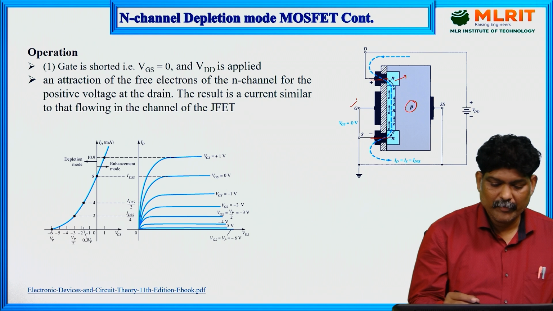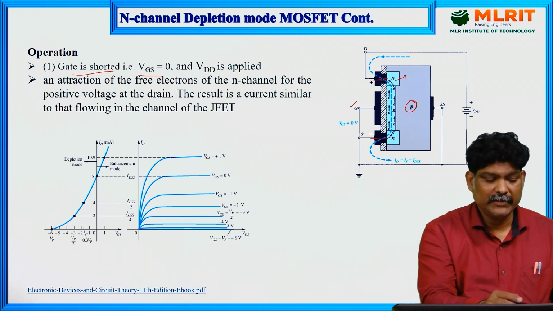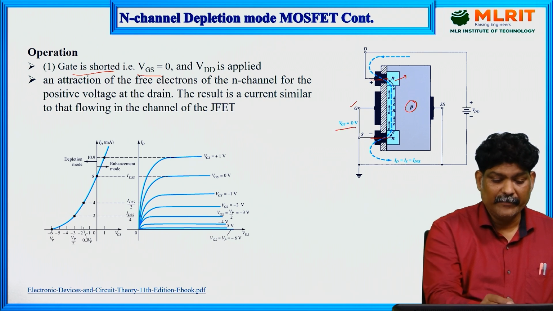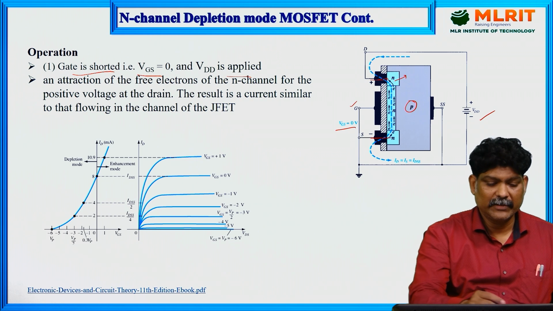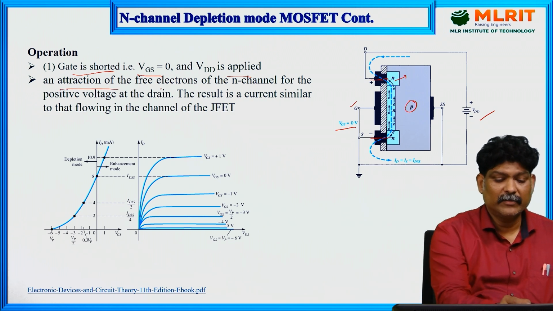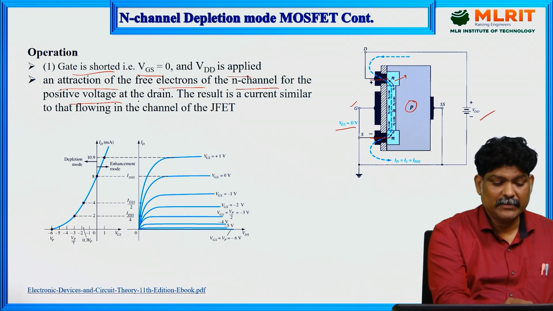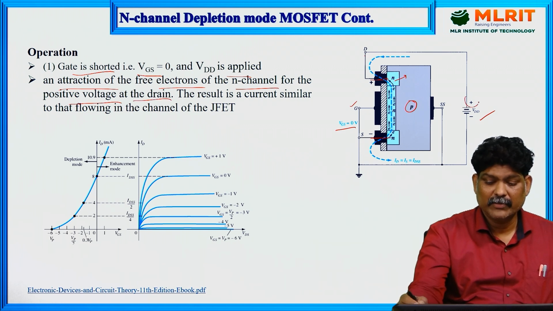Coming to the operation, the first case is when the gate is shorted, that is VGS equal to 0, gate to source voltage is 0, and VDD is applied. We have applied the output biasing voltage VDD, and there is an attraction of the free electrons of the N channel for the positive voltage at the drain. This is the drain because it is positively connected.